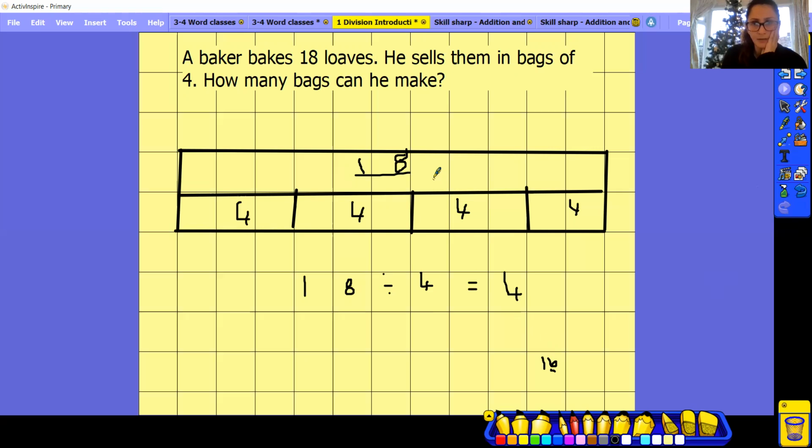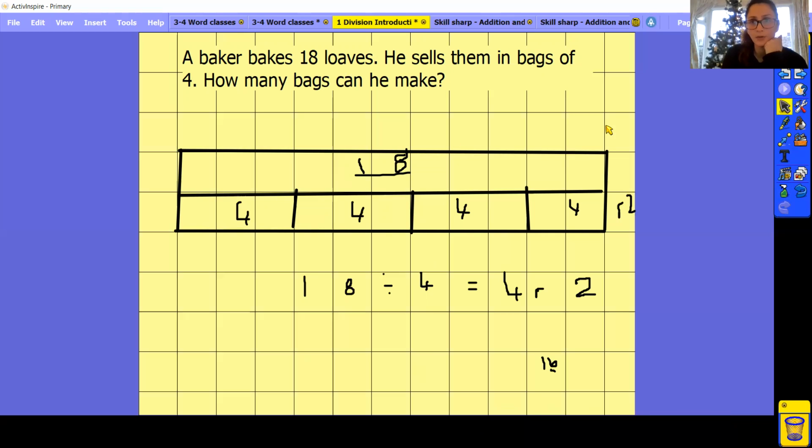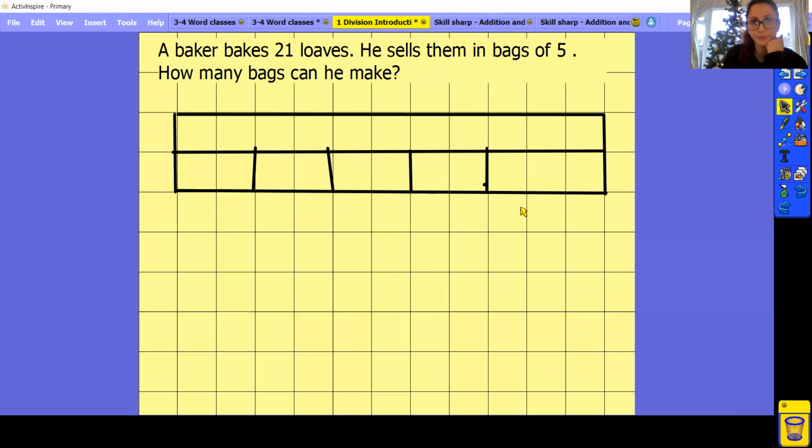Remember, you've got that 16, find the difference between the 18 and 16: 16, 17, 18. 4, remainder 2. And if you wanted to, in each box, you could have put a remainder 2 here, okay? And that would have worked out just the same. So, well done, you had a go at that one.